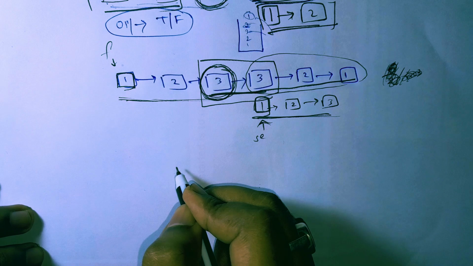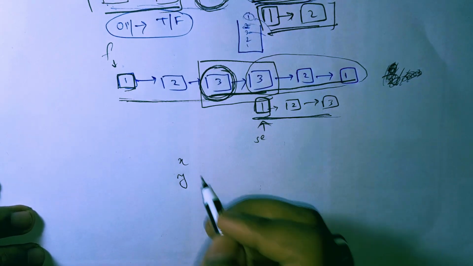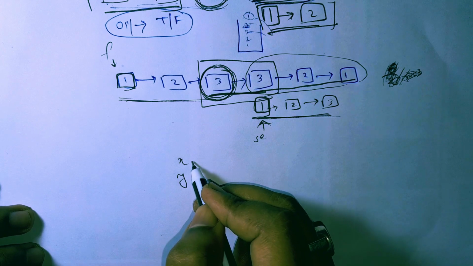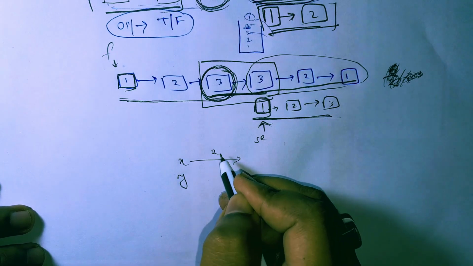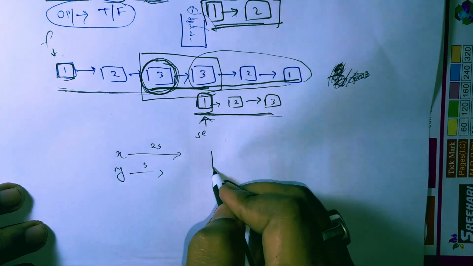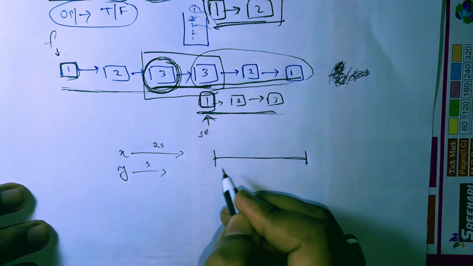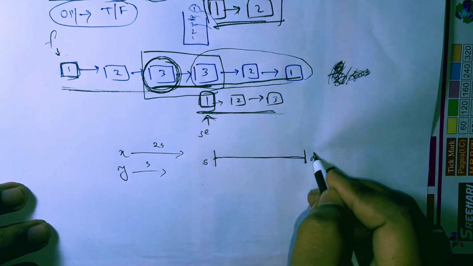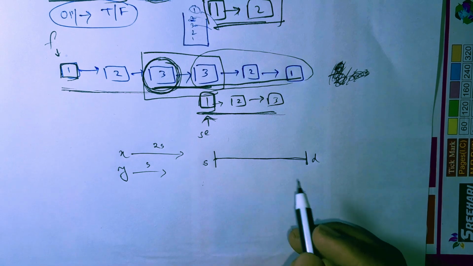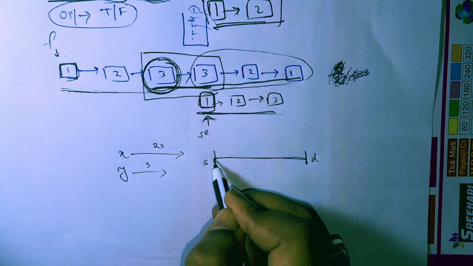Suppose my name is X and my friend's name is Y, and my speed is 2s and my friend's speed is s. Suppose this is the total distance from source to destination, and we both have started from this starting point.